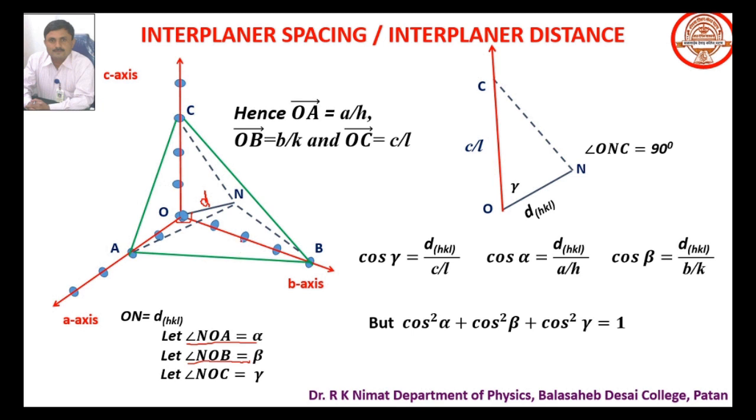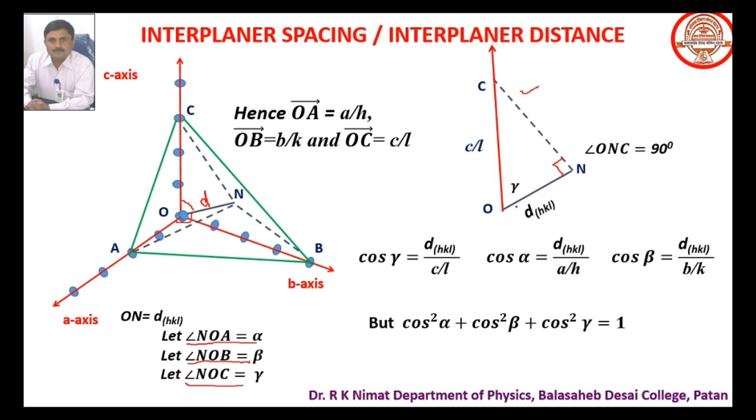Angle NOB is equal to beta, and angle NOC is equal to gamma, like this. So if you draw this triangle CON, you will observe that at N there will be a right angle.